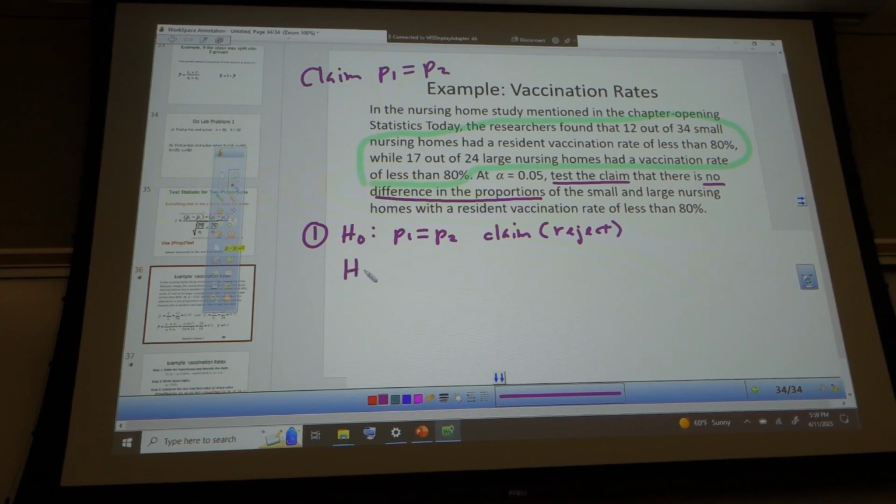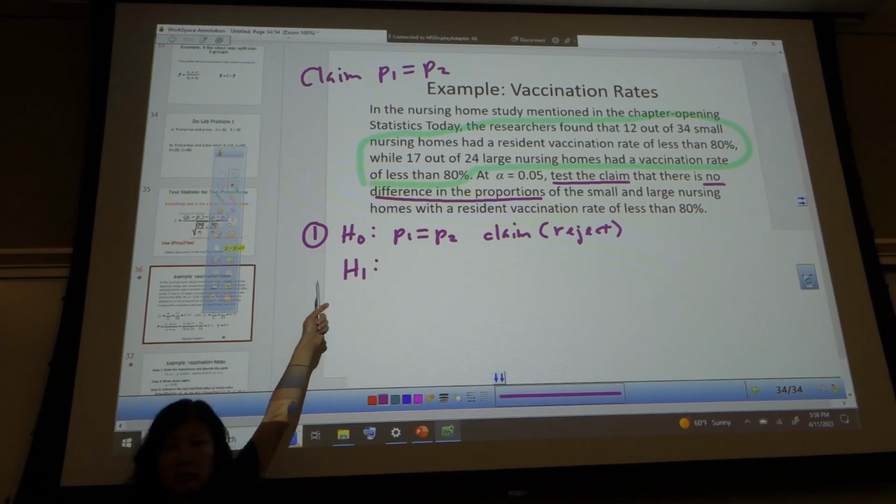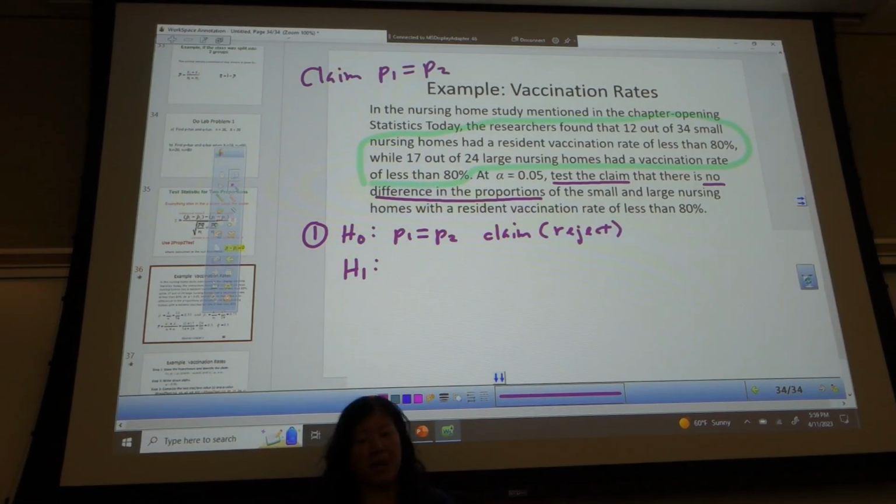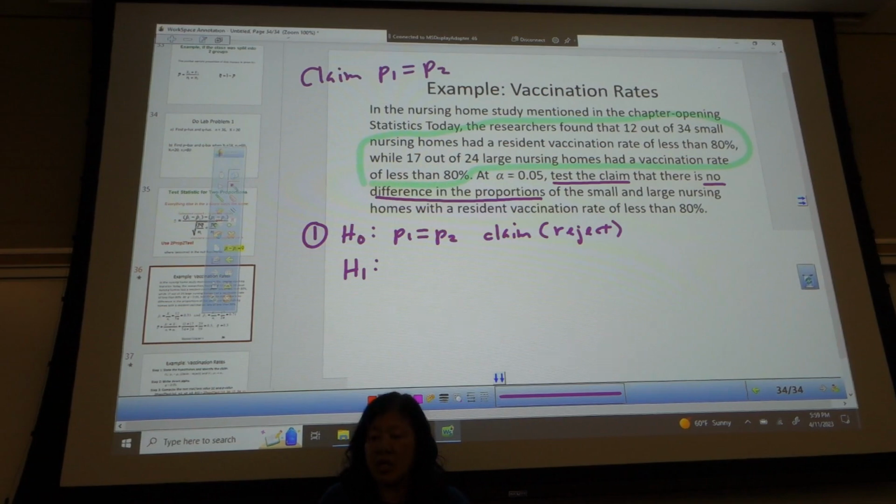Okay, so then H1 will be the opposite. What does H1 need to be then? Not equal. Does everyone understand why? Since H naught is my claim, how would I reject my claim? My claim is that it's equal. I reject my claim if I find that it's not equal. It can be less than or greater than.